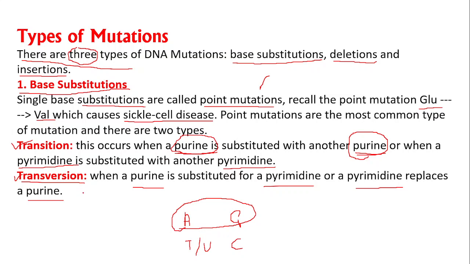But in the second one, the substitution occurs between a purine and a pyrimidine. Is that clear? So that is the major difference, and due to this change, the name is given as transversion.